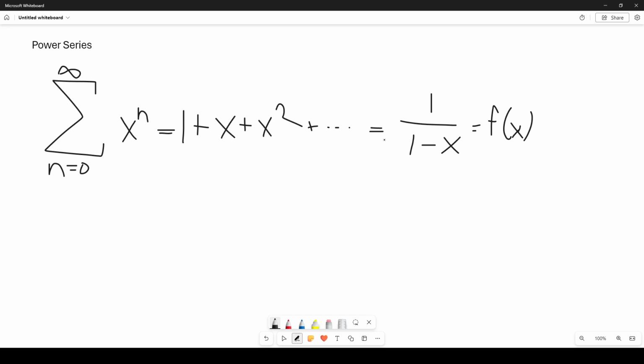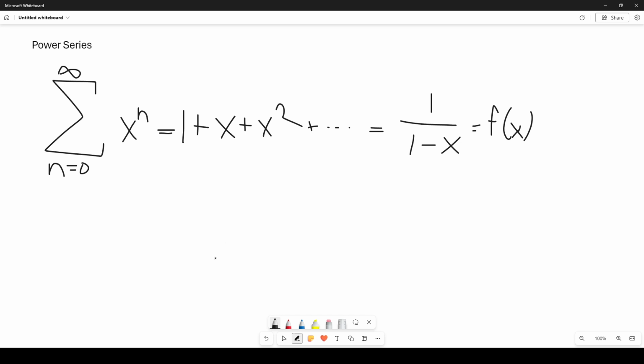This long polynomial and this rational function, which in this example doesn't seem very helpful. I mean, if you wanted to calculate 1 over 1 minus a half, it'd be so much easier to just plug it into the fractions than to add up this infinite sum, which you're not even technically able to do. But we'll find that you can actually find power series for functions that are much more complicated than just this, and it will become helpful there.